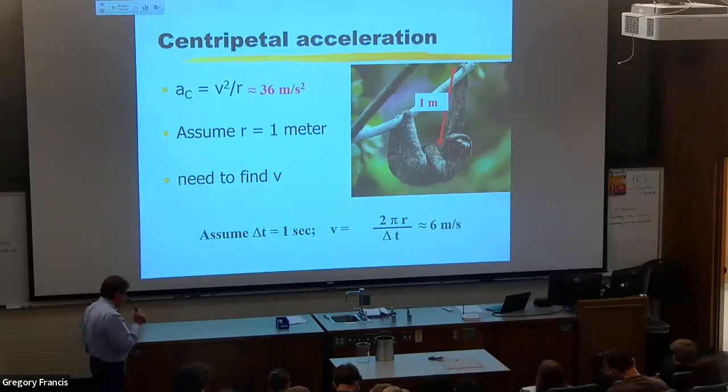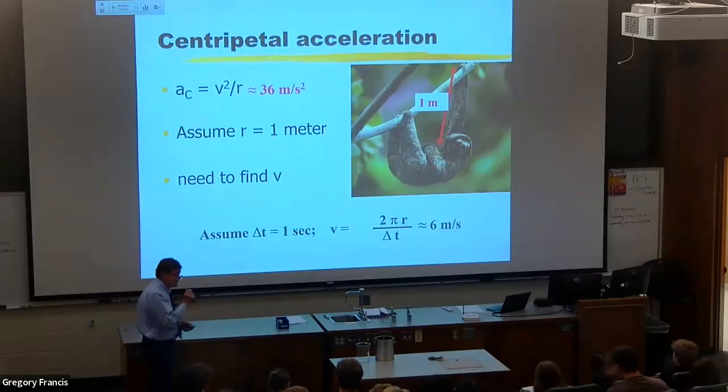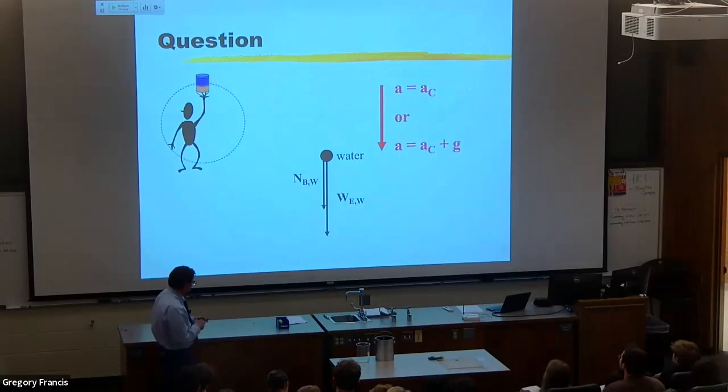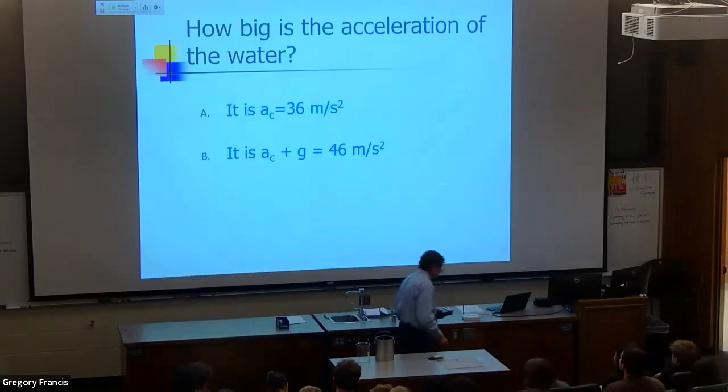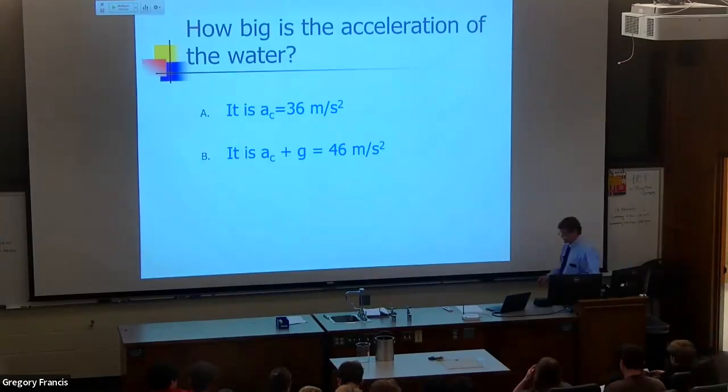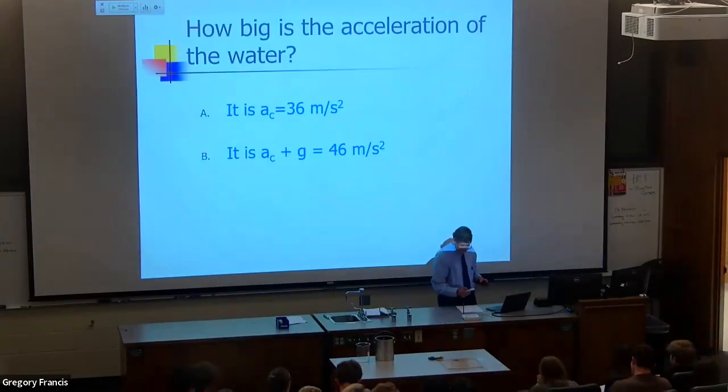Now, we have to answer a really fundamental question, and that is: is my total acceleration this centripetal acceleration of 36 meters per second squared, or do I have to add gravity, 9.8, call it 10, to get 46? So with your clicker, tell me which of those you think is the right acceleration. I'll get you started here.